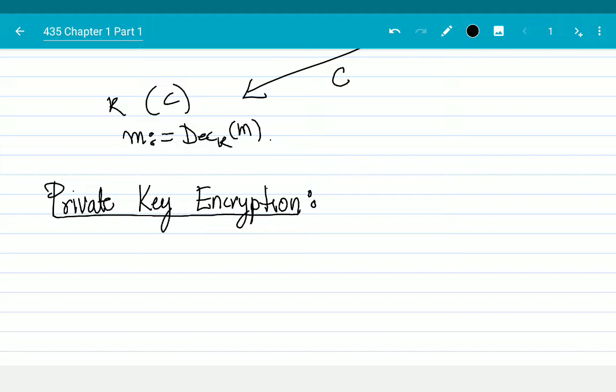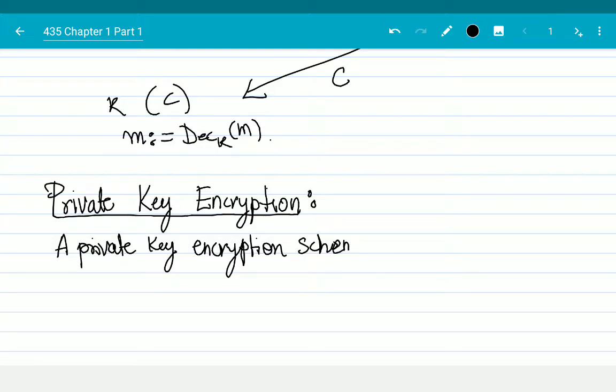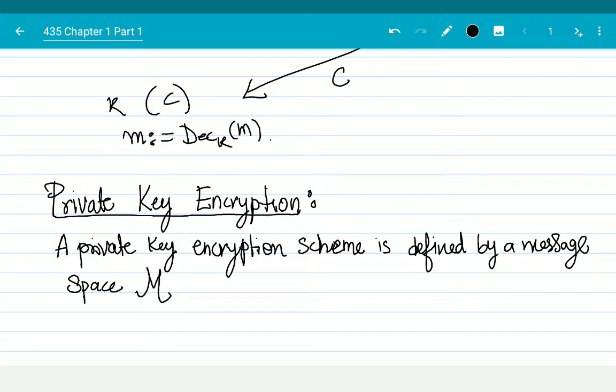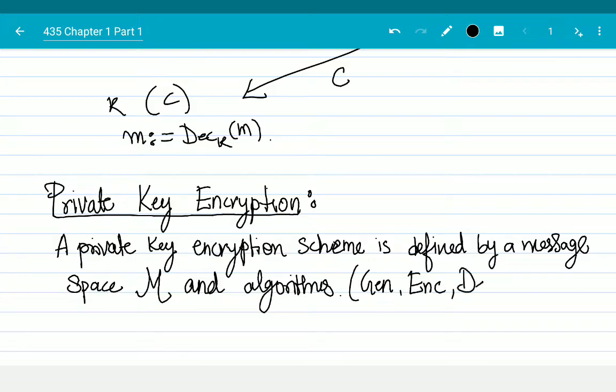A private key encryption scheme is defined by a message space M, and the algorithms generator, encryption, and decryption.